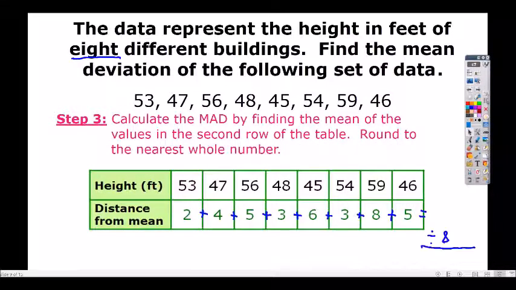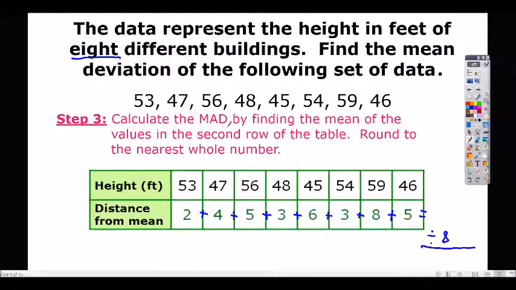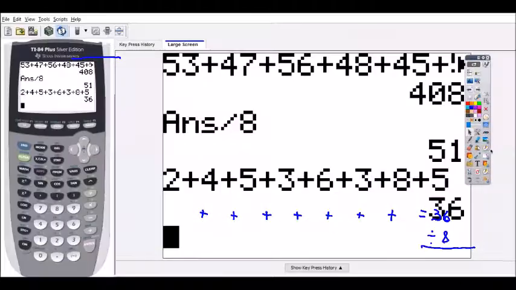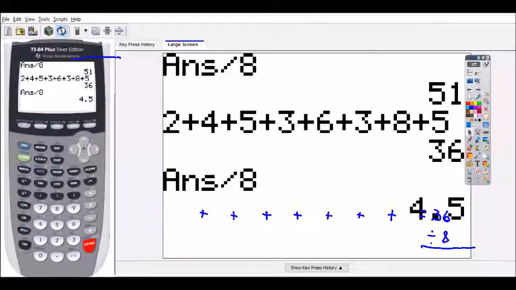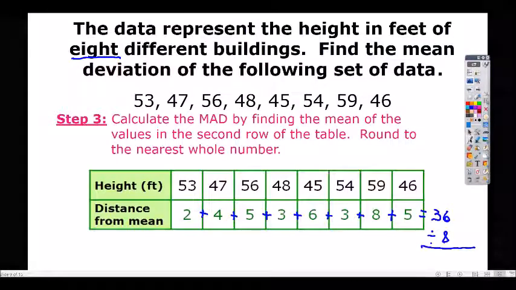So again, don't make the mistake. 36 is not our answer. 36 is just our total distance. Once I've got 36, I need to divide it by 8, which, going back to my calculator, I'm going to get 4.5, which means the answer for my mean absolute deviation, or MAD, would be 4.5.